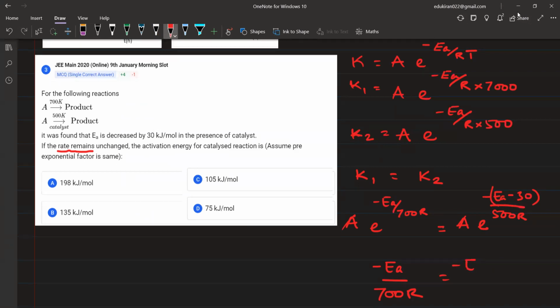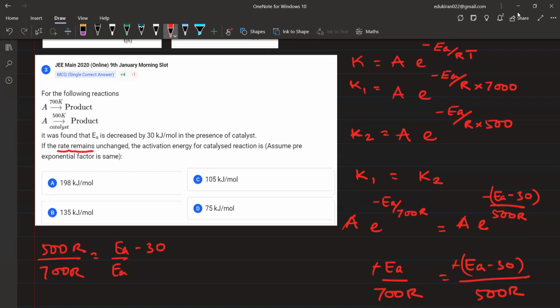So this will be minus EA minus 30 upon 500 R. Minus and minus will cancel each other out. So this will be 500 R upon 700 R equal to EA minus 30 upon EA.